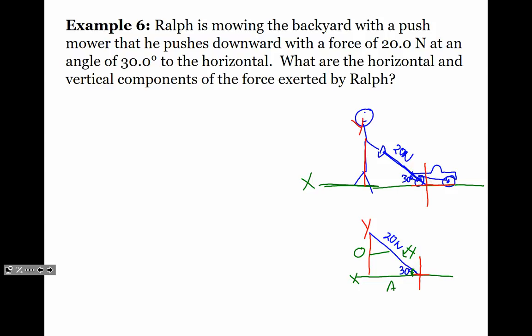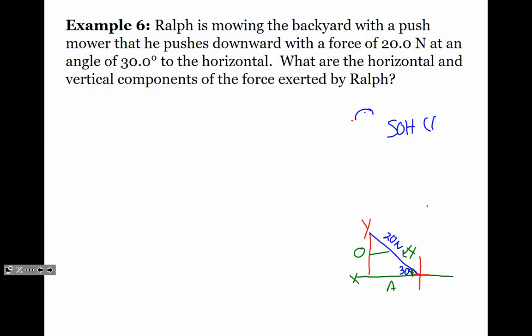So remember, let me erase this fella. So remember this, SOHCAHTOA. All right. So let's see. I'm going to go ahead and find A first because it's the first letter of the alphabet.